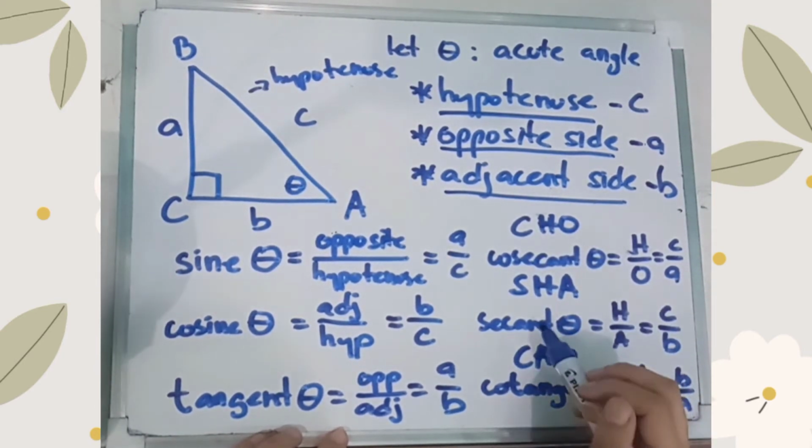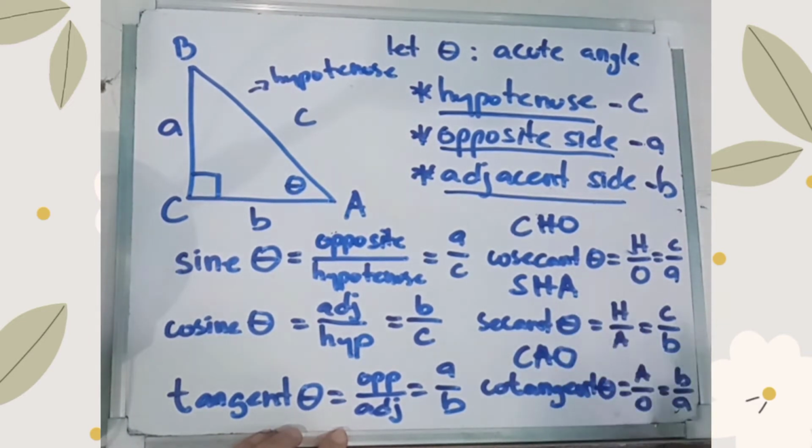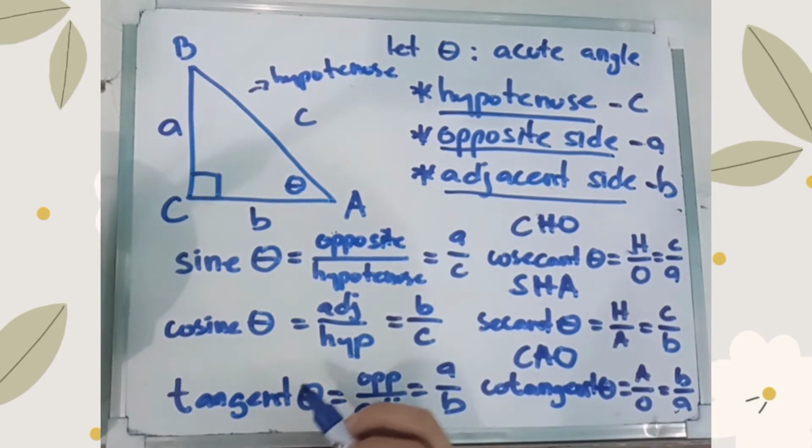SHA, that's secant, is equal to hypotenuse over adjacent. And COW, that is cotangent, equals adjacent over opposite. So again, try to utilize those mnemonics for you to better recall the trigonometric ratios. That's SOHCAHTOA and COSHA-COW.